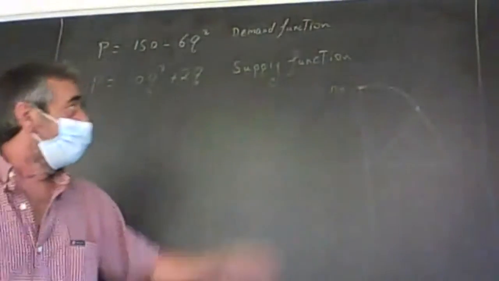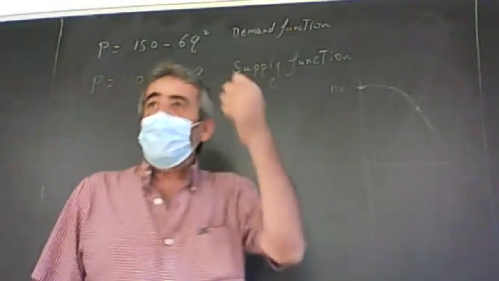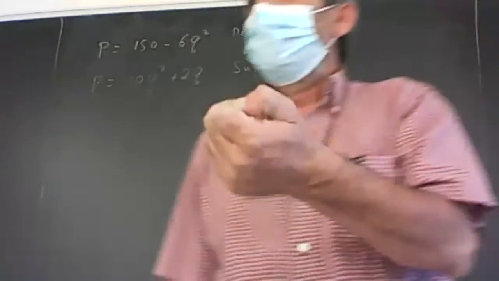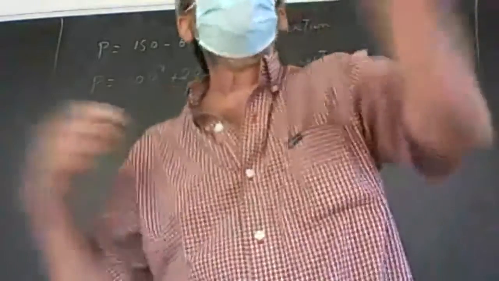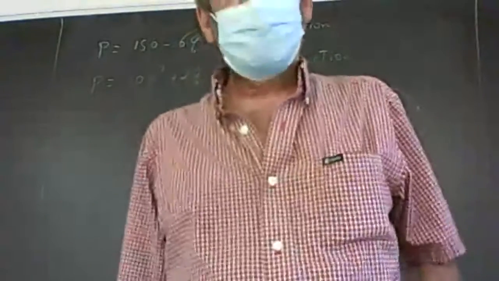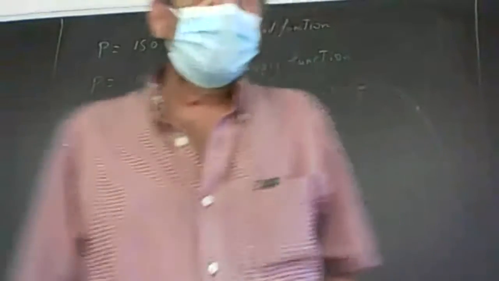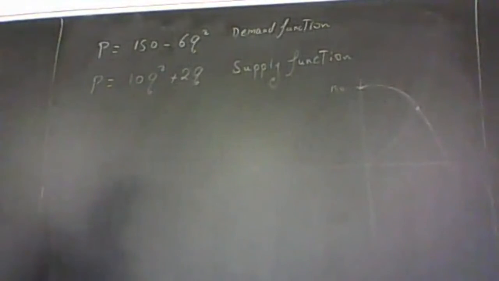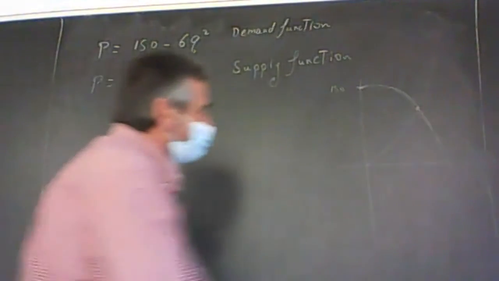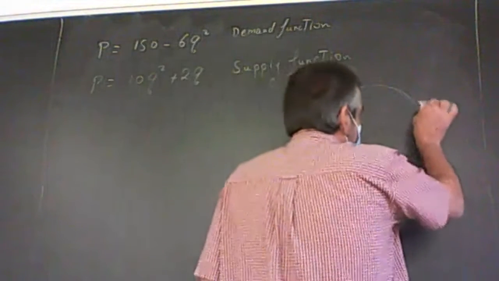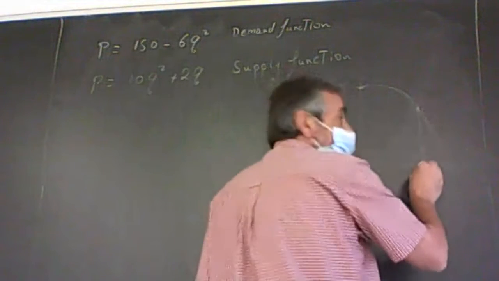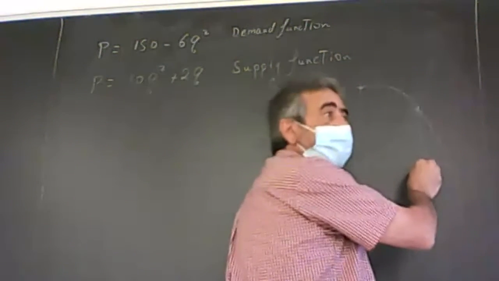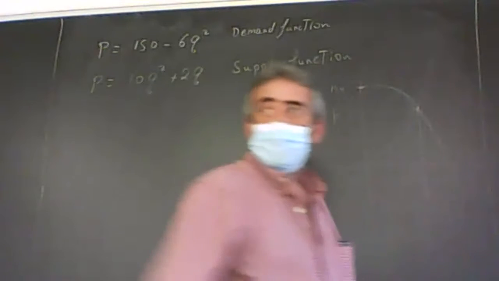So we need to determine at what price the company should sell so the demand and the supply would be the same. At this point exactly, the price is the same, and the demand and supply are exactly the same.